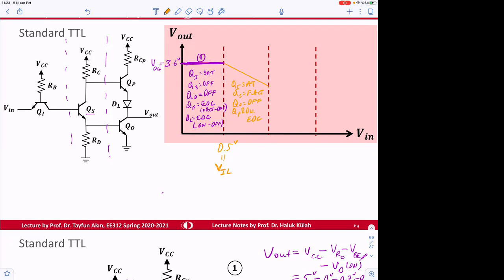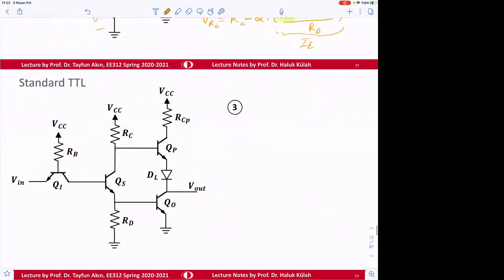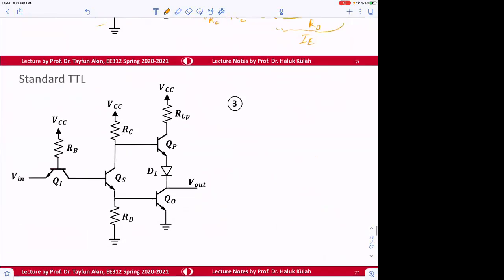Okay. So if we keep increasing the input voltage, let's say this is the second case, and then we go to the third case.